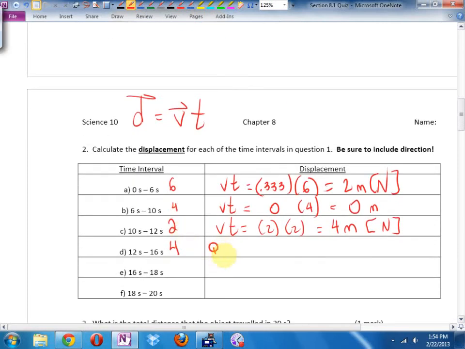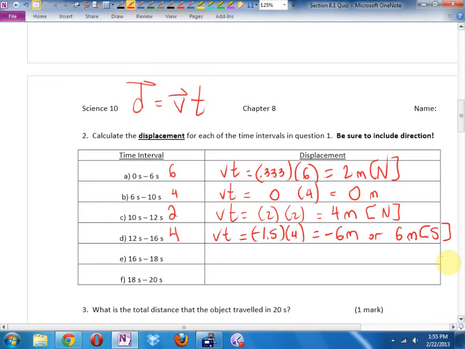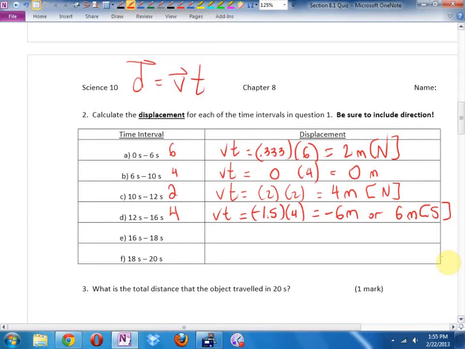So you can say negative 6 meters or positive 6 meters south.